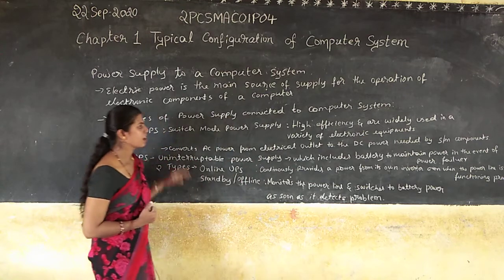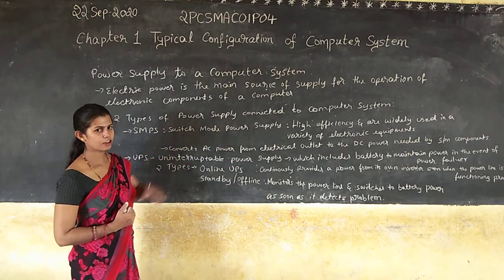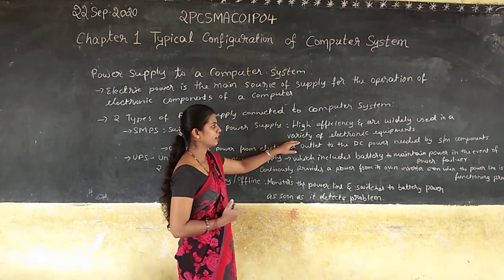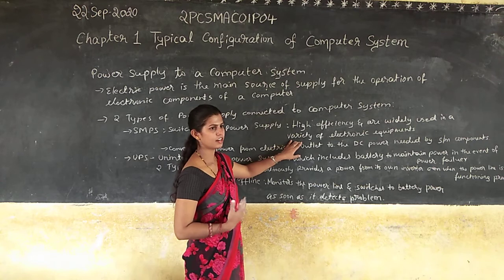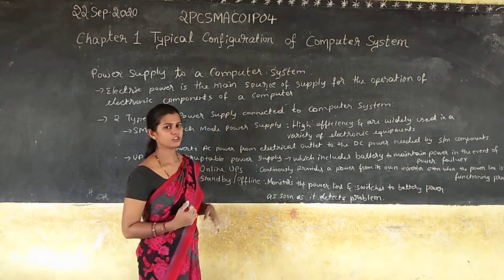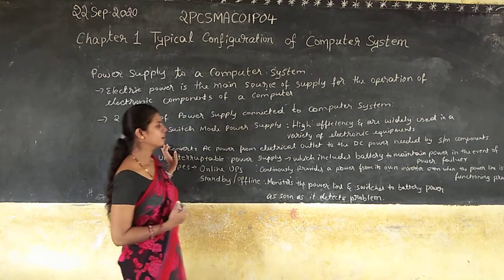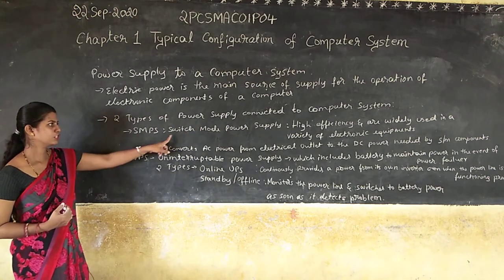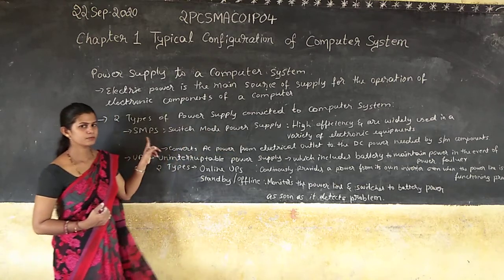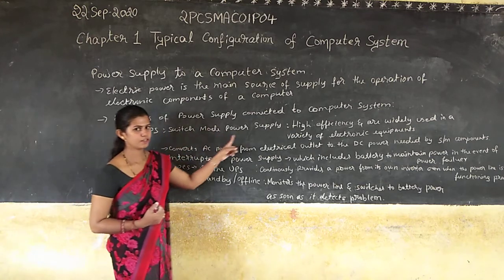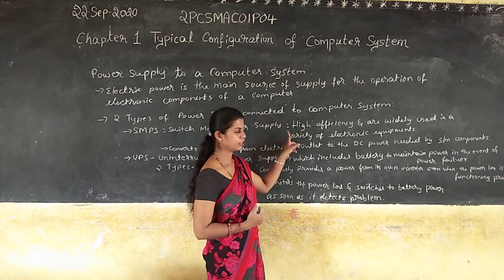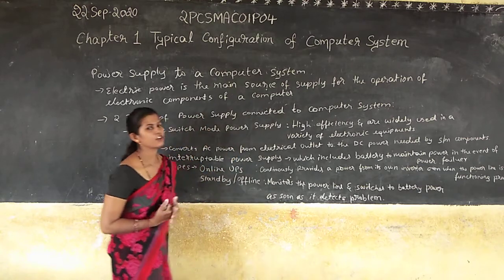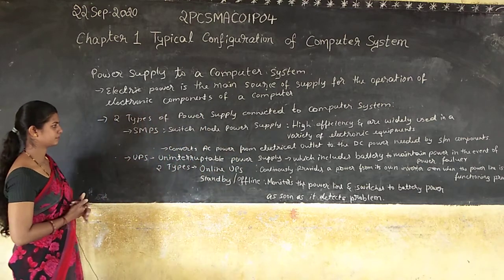It provides high efficiency to the computer and is also widely used in a variety of electronic equipments, variety of ಅಂದರೆ ಡಿಫ್ರೆಂಟ್ ಟೈಪ್ ಆಫ್ ಎಲೆಕ್ಟ್ರಾನಿಕ್ ಇಕ್ವಿಪ್ಮೆಂಟ್ಸ್ ಇರ್ಬೋದು. ಅದರಲ್ಲೆಲ್ಲ ನಾವು ಯಾವ ರೀತಿಯ ಪವರ್ ಸಪ್ಲೈ ಯೂಸ್ ಮಾಡ್ತಾರೆ ಅಂದರೆ ಸ್ವಿಚ್ ಮೋಡ್ ಪವರ್ ಸಪ್ಲೈಯನ್ನು ಯೂಸ್ ಮಾಡ್ತಾರೆ. ಇಟ್ ಗಿವ್ಸ್ ಅ ಹೈ ಎಫಿಷಿಯನ್ಸಿ ಟು ದಿ equipment.